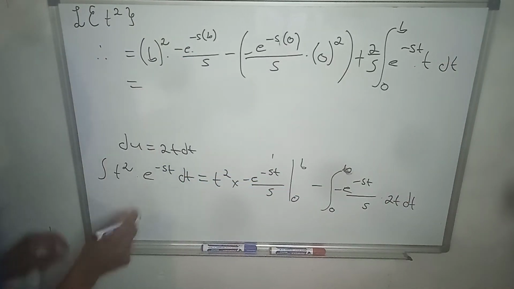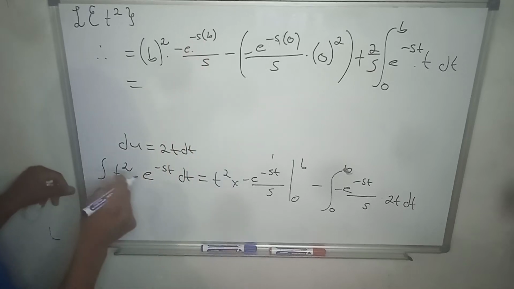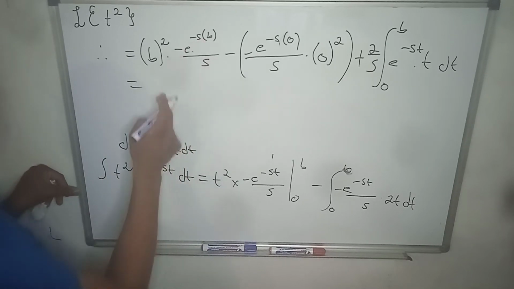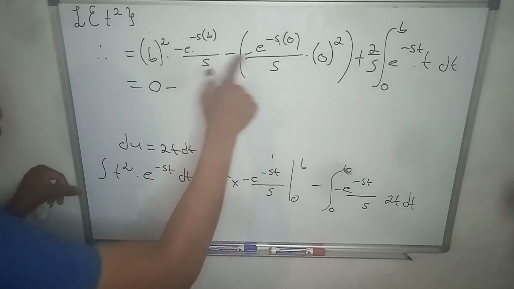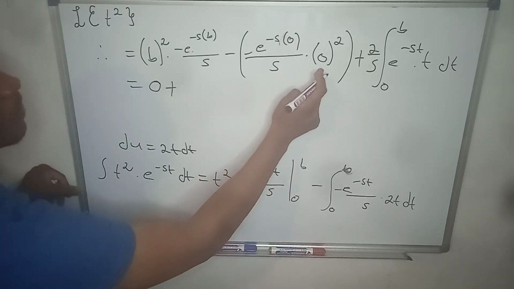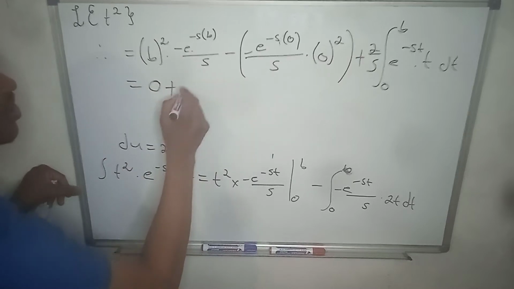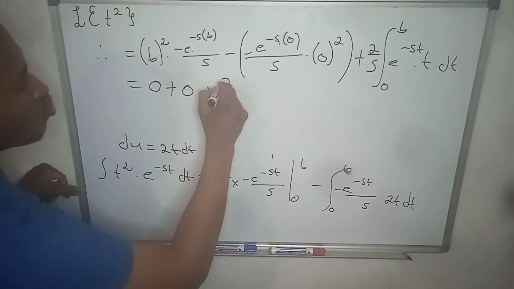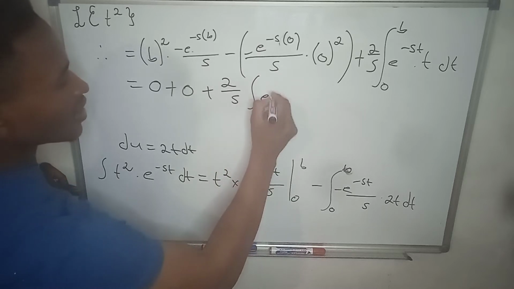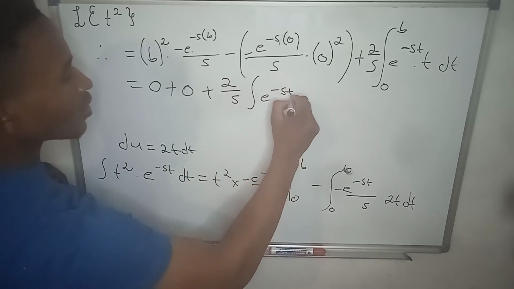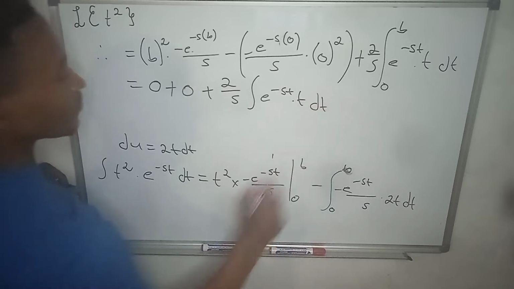As b approaches infinity, this thing approaches 0, so the whole thing will just be 0 according to our first session. Zero multiplied by anything is just 0. Plus 2 over s times the integral of minus e to the minus st times t dt.